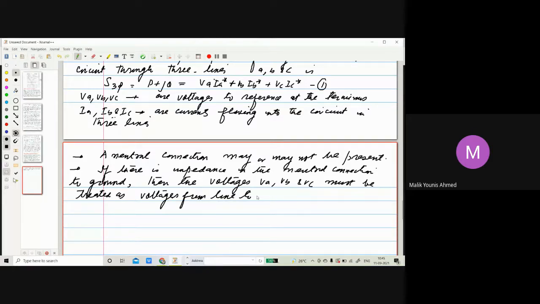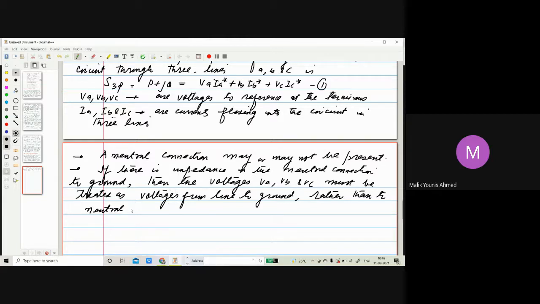In other words, we call it phase voltage. So it is very clear: if we have to calculate three-phase power, a neutral connection may or may not be present. If impedance is connected to neutral through ground, then the voltages will be treated as phase voltages, or in other words, voltage from line to ground.